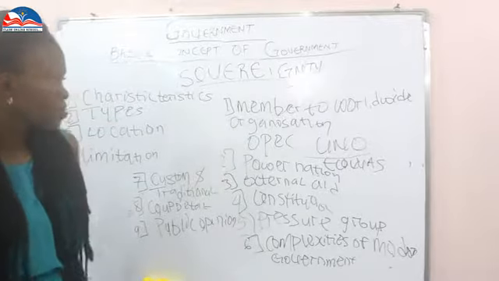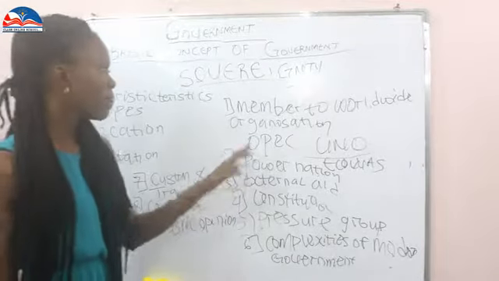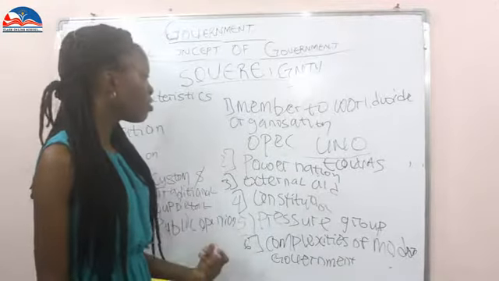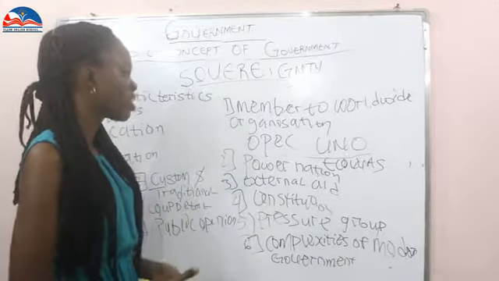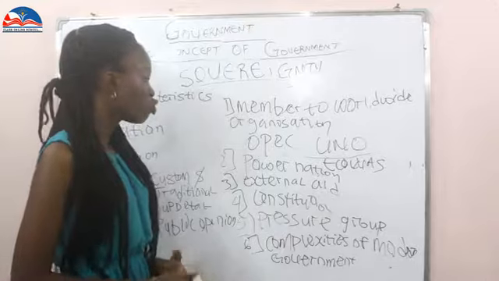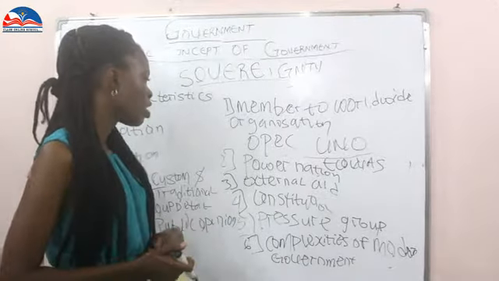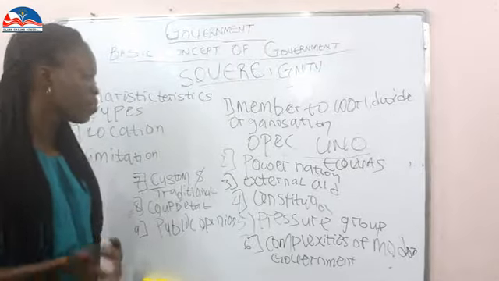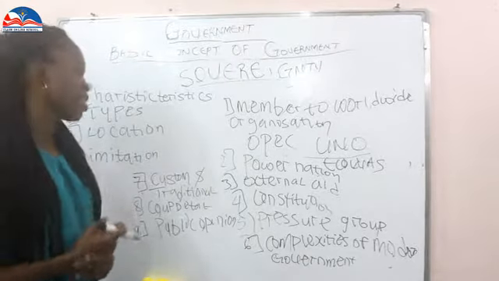So now let's see. We've discussed members of worldwide organizations. I mentioned about 3, I said OPEC, the UNO, I said ECOWAS, and 2, I mentioned powerful nations that wield power. 3, external aid in times of war or natural disaster.